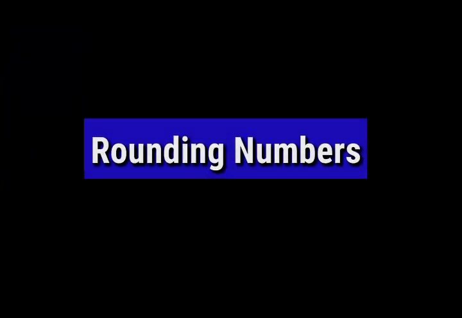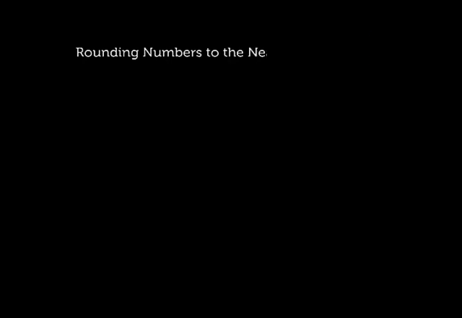Next topic is rounding numbers. First, let me teach you rounding numbers to the nearest 1000. Look at the number. To round this number to the nearest 1000, we need to follow two steps. Step 1.